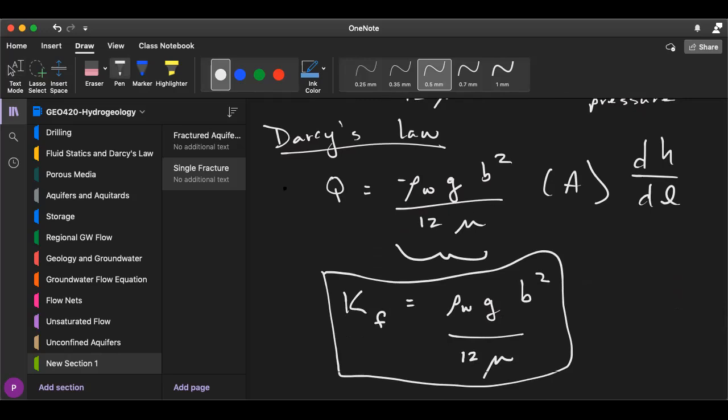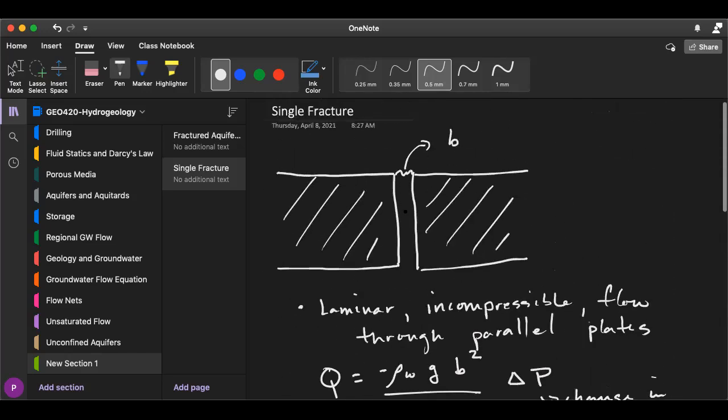All right, so now I'm going to break up the area of this fracture. Remember, we defined this as H here. If I want discharge coming through this fracture, what's the area? I want the area normal to the flow, which comes out of the board here. So that would be the area of the fracture right here.